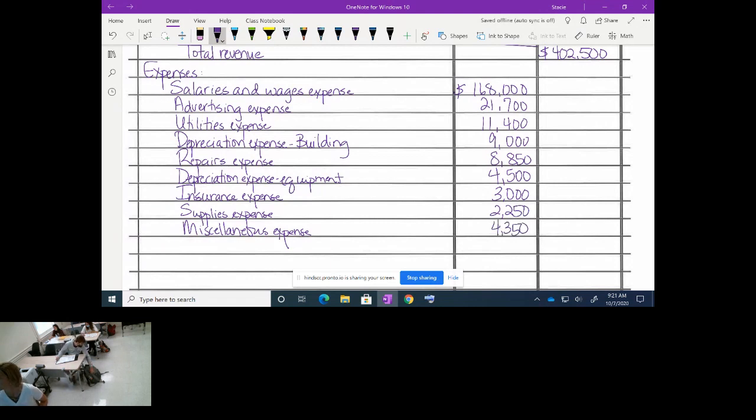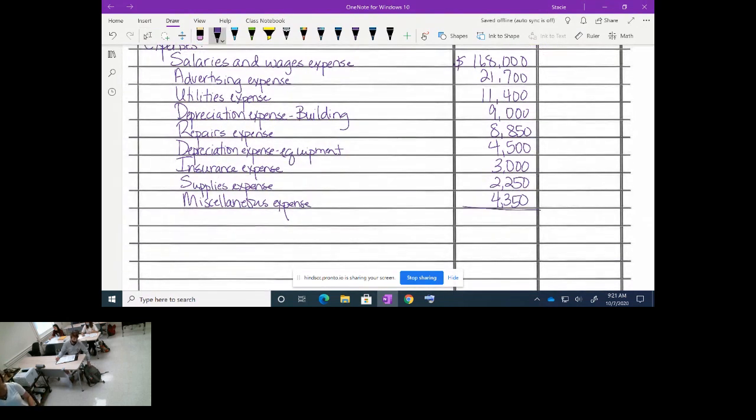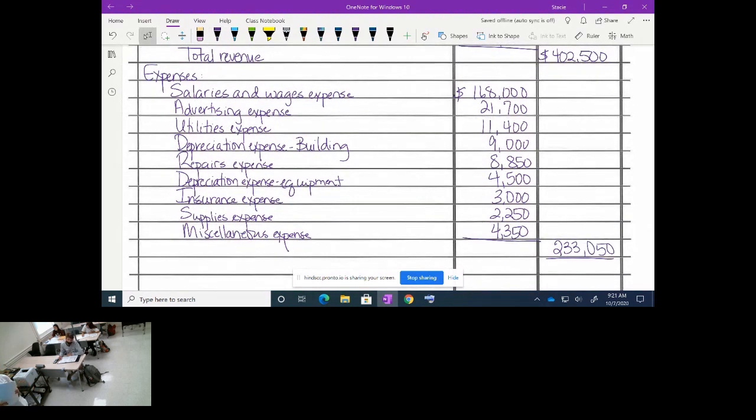Okay. So what are my total expenses? 233,050. Okay, so just taking a look at it, do we have net income or net loss?